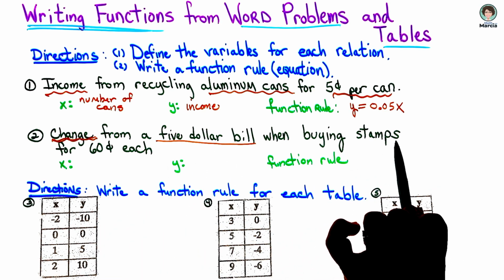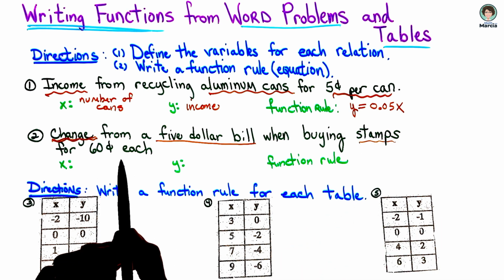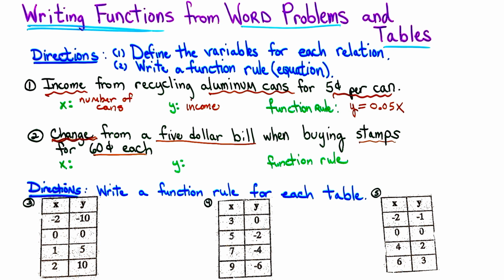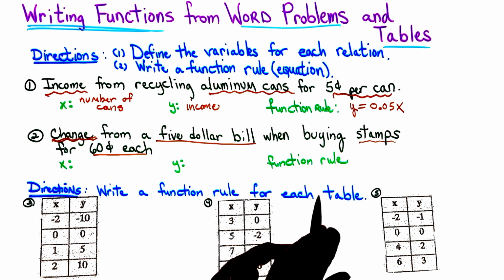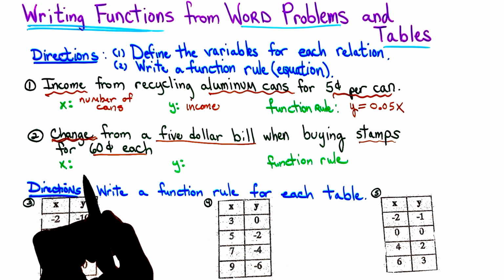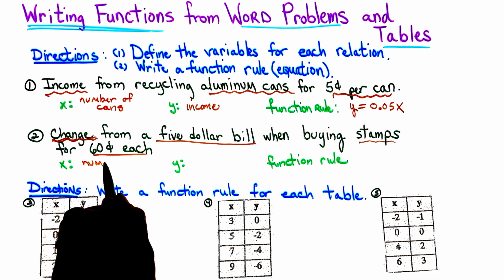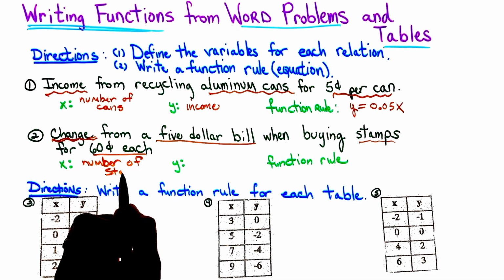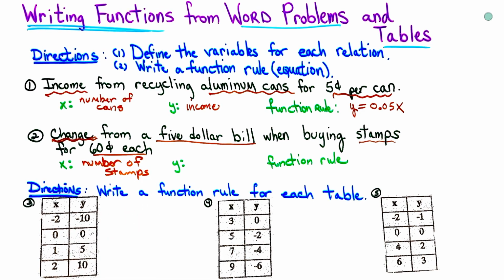We're buying stamps, and the stamps are 60 cents each. All right, well, let's think about what they're talking about. First of all, we're going to be buying some stamps. So that has to be our independent variable. It's going to be the number of stamps that we buy.